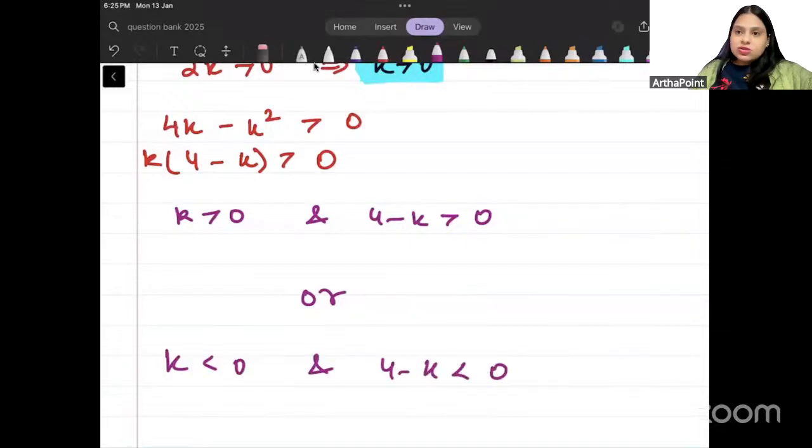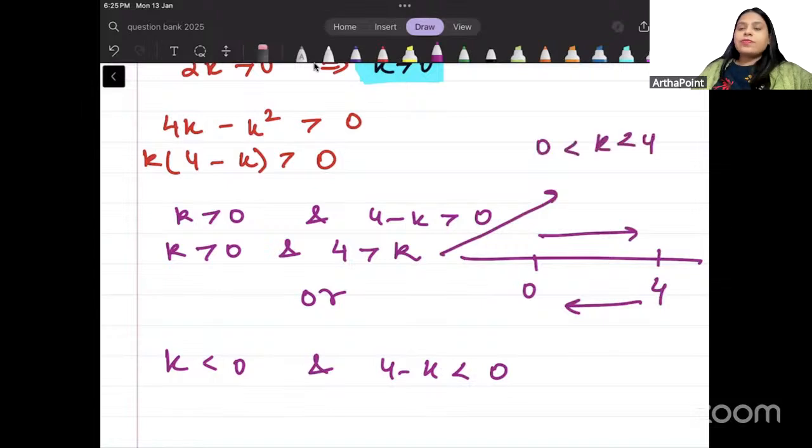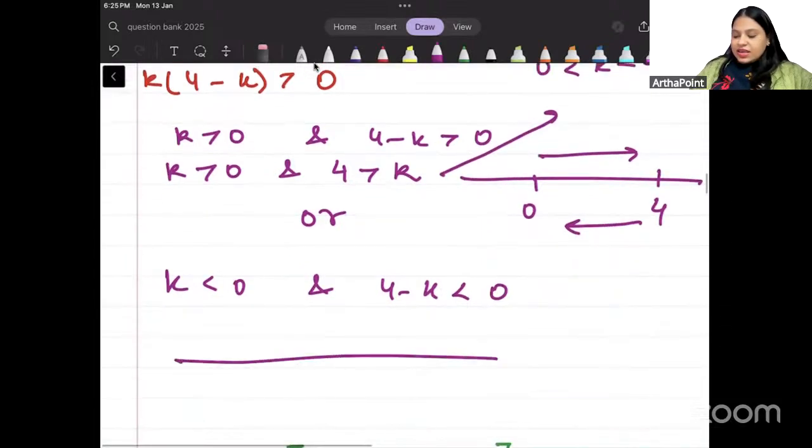Only then will the product be positive. So k greater than 0 and 4 greater than k. It means that k has to be greater than 0 and less than 4. This gives me k between 0 and 4. And the other case is k less than 0 and 4 less than k. Right?